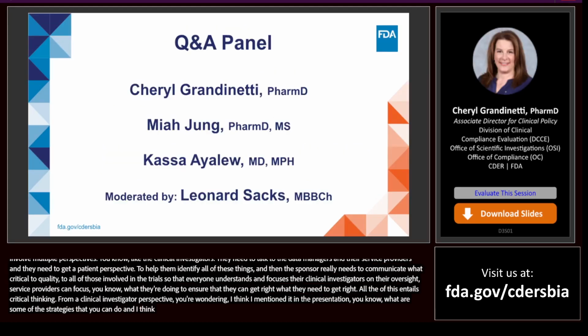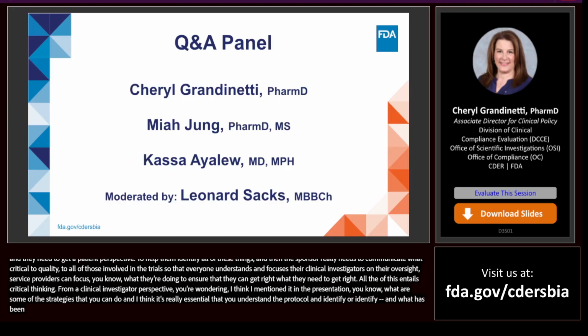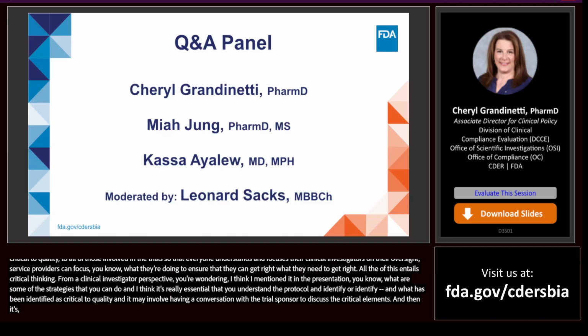It is imperative for investigators to deeply understand the study protocol and identify critical quality elements. Engaging in constructive discussions with sponsors regarding these factors is an essential strategy, helping maintain the integrity crucial for successful trials. Assessing risks associated with critical quality factors is of utmost importance.